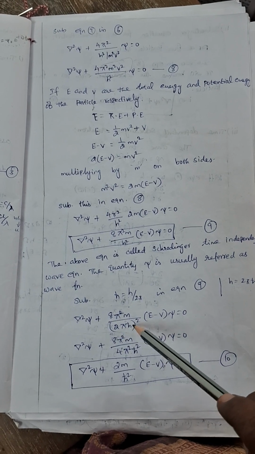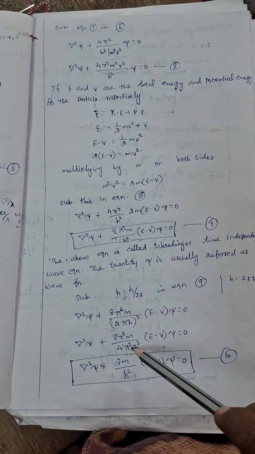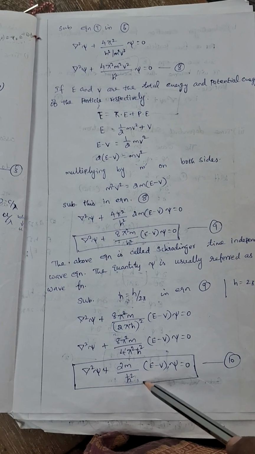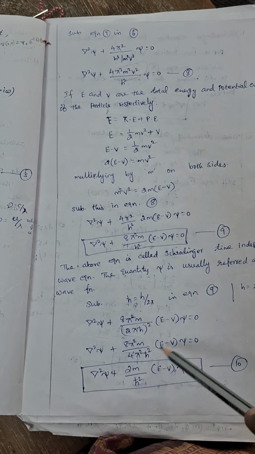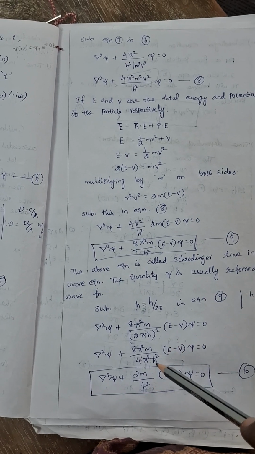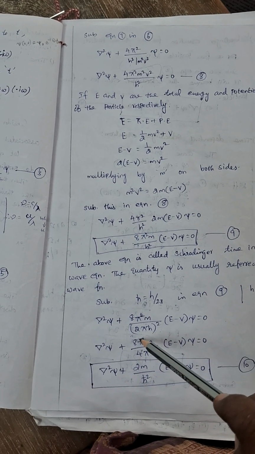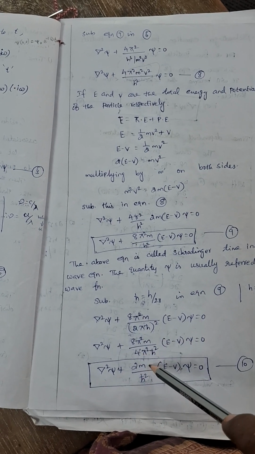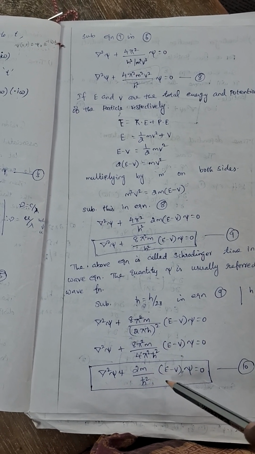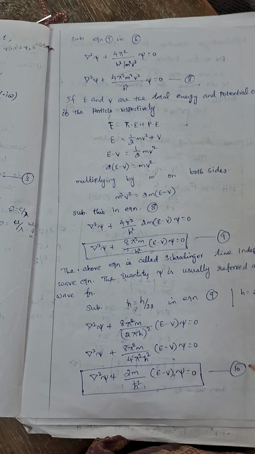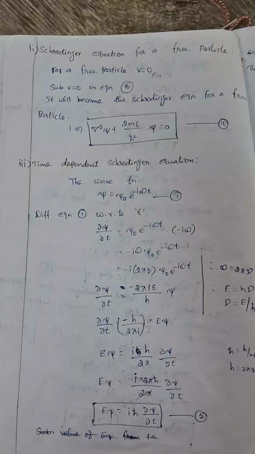Square these terms: 4π²ħ². So rearrange this equation: ∇²ψ + 2m/ħ² (E - V) ψ = 0. This is equation number 10.